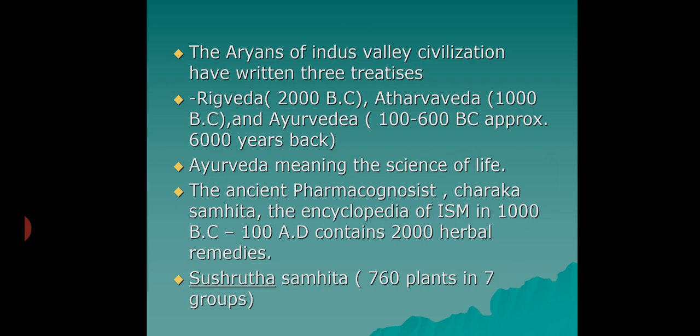The knowledge of Akkadians, Sumerians, Egyptians and Hebrews was documented in the form of images, and after the Aryans of the Indus Valley civilization time, 3 books were written: Rig Veda, 2000 BC, Atharva Veda, 1000 BC, and Ayurveda, 100 to 600 BC. Even 100 to 600 BC means approximately 6000 years back.